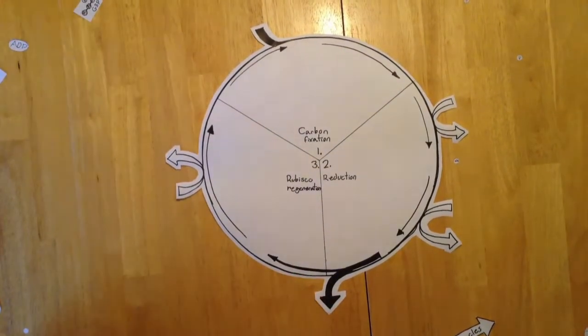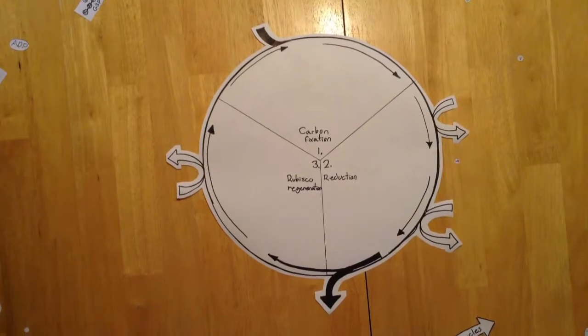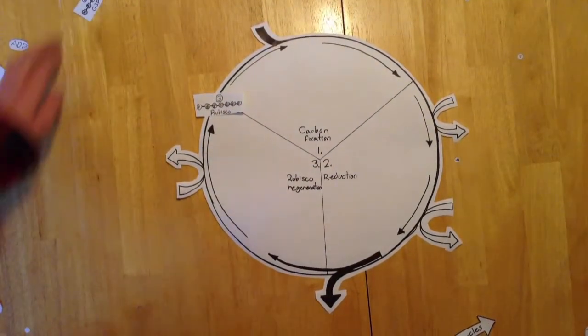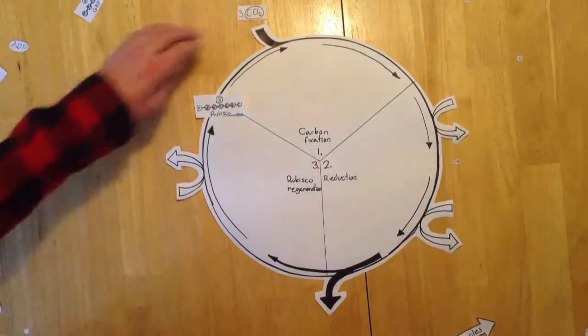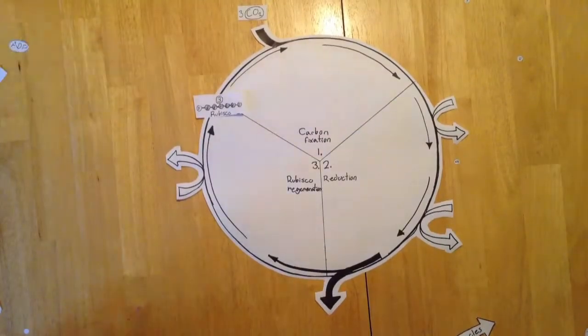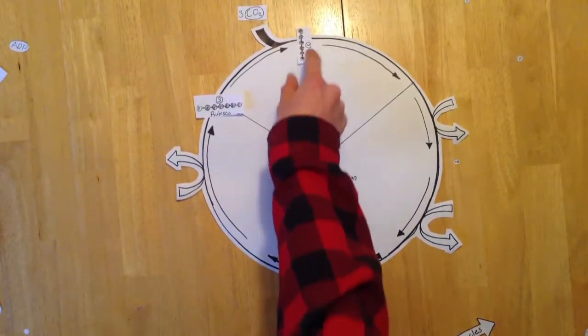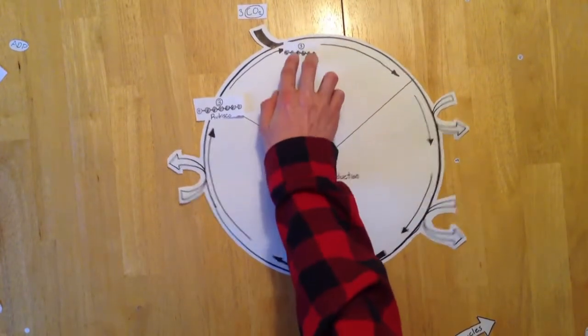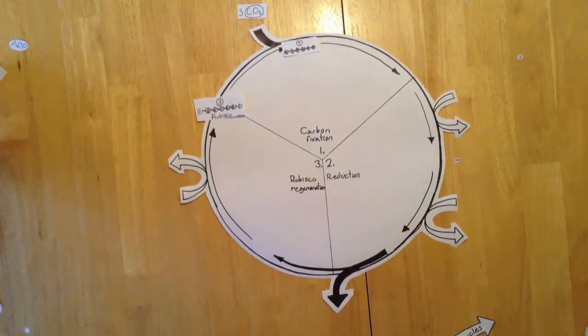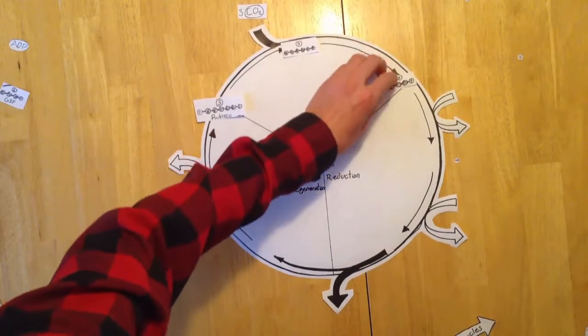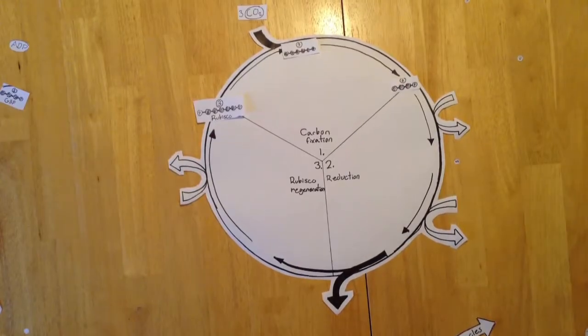And what happens here is an enzyme called rubisco, there's 3 of them, are combined with 3 CO2s to make an unstable 6-carbon molecule. It makes 3 of them, of course. And because it's unstable, it then turns into 6 3-carbon molecules.